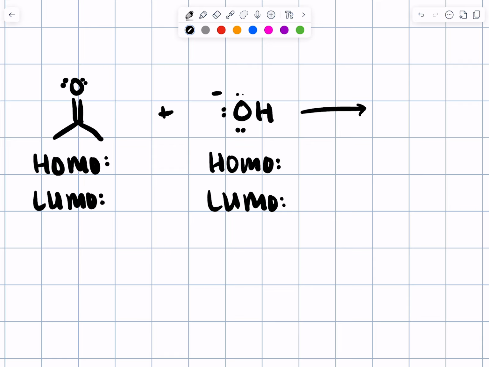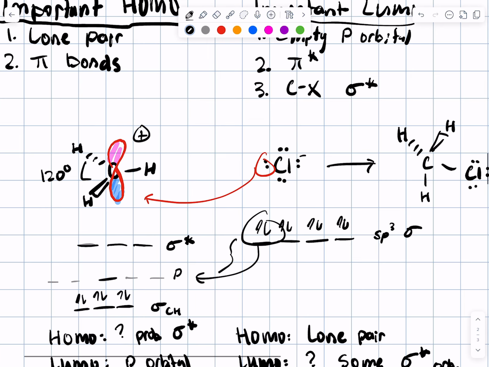Okay, let's come back together here. So hopefully in that 60-ish seconds we got something good. On this first molecule, for a HOMO, we should have a lone pair on this oxygen here. So that likely is going to be our HOMO, the lone pair. As for the LUMO, let's scroll back up there and see what it could be.